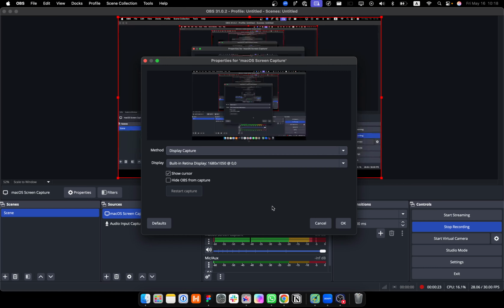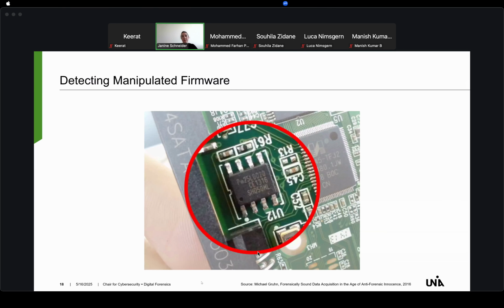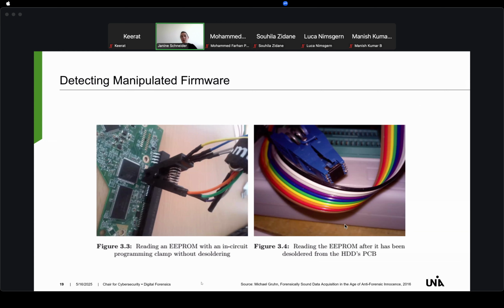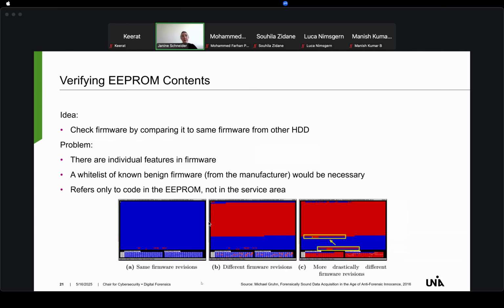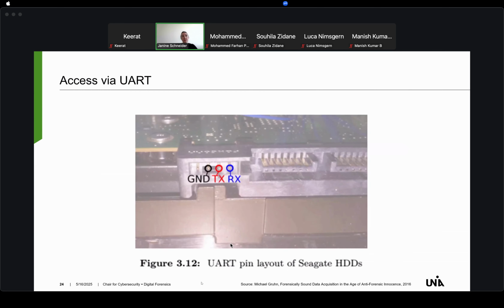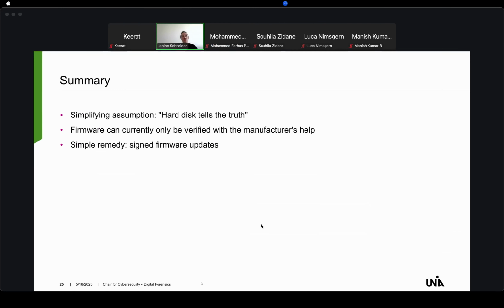Yeah, and we also talked about bootkits and manipulated firmware, and what we can do about it. Basically, not that much currently. To summarize everything we talked about last time: the simple assumption that the hardware tells the truth if you access it directly isn't necessarily correct.